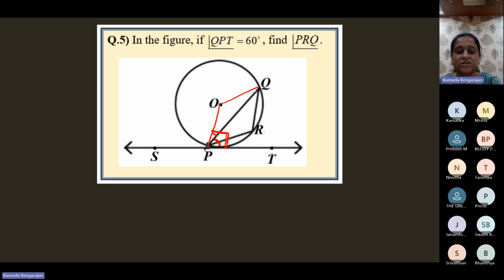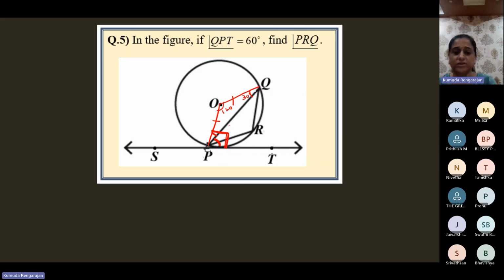From there till the tangent is 90 degrees. But this angle is 60. So this is 90 minus 60, 30. Now this triangle is isosceles. So if this is 30, this is 30. Now 30 plus 30, 60. 180 minus 60, 120. So this angle is 120.